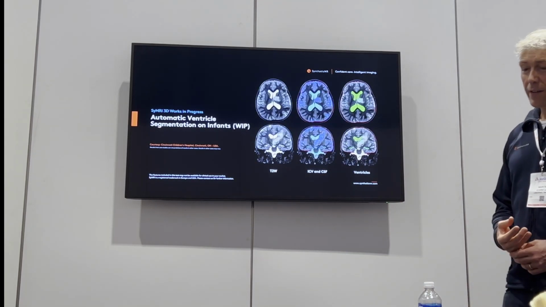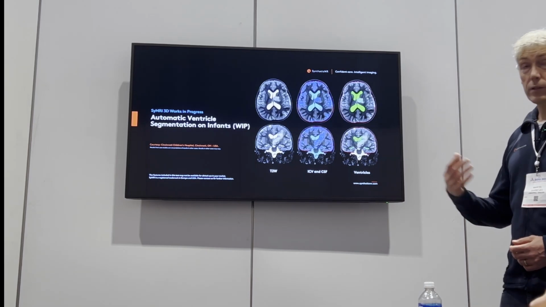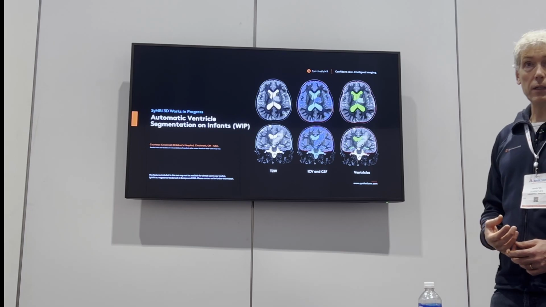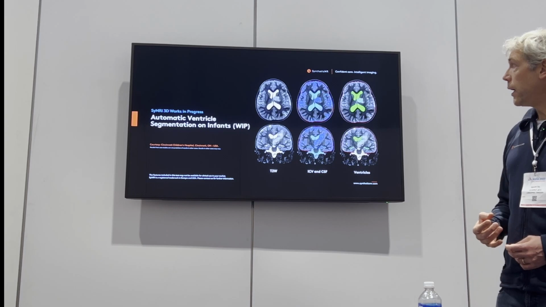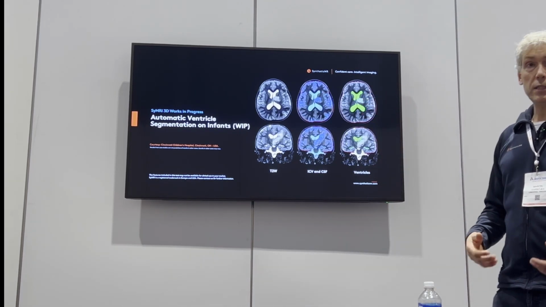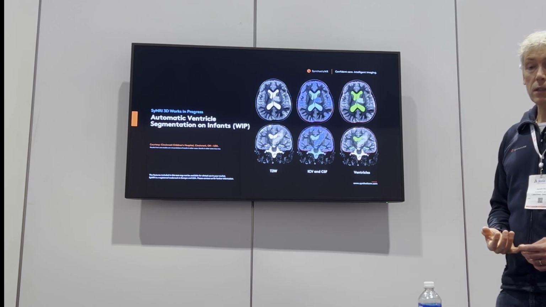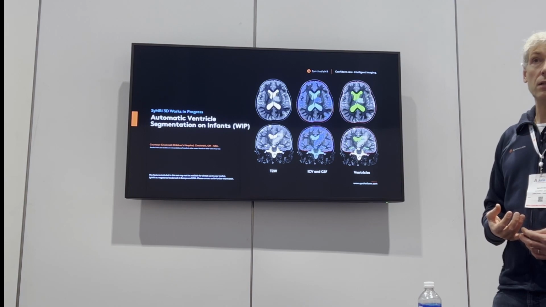I think we have a very nice task here, especially for pediatrics, because the ventricle segmentation is really challenging in that area. This is an example from Cincinnati Children's, and you can see that even if there are very irregular shapes or asymmetries, we can handle that. That's a big difference with model-based parcellation.